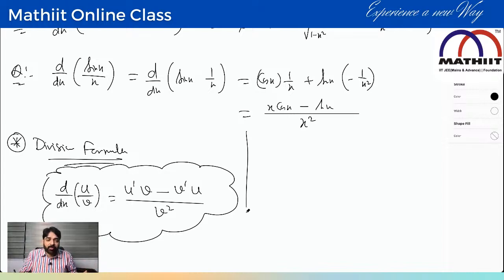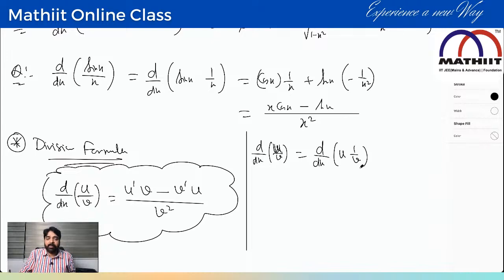How did this formula come? You can derive it very easily. d by dx of u by v, I can write as d by dx of u into 1 by v. So differentiation of this into this: u dash, u differentiation, into 1 by v plus u into differentiation of 1 by v.